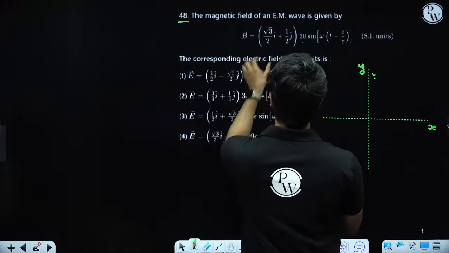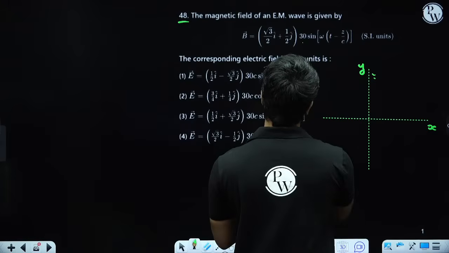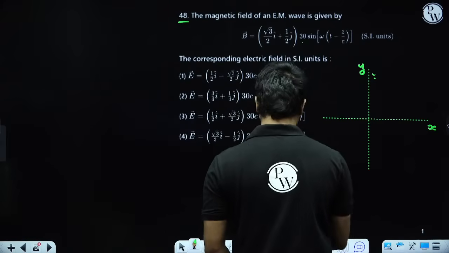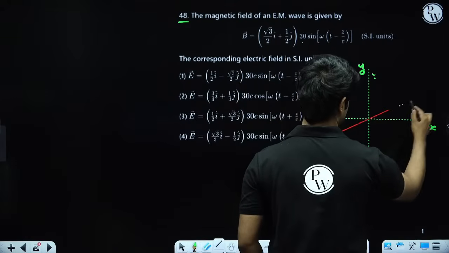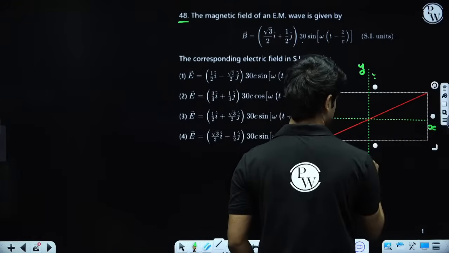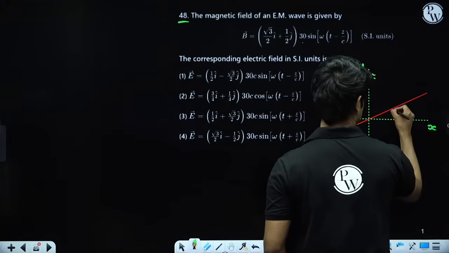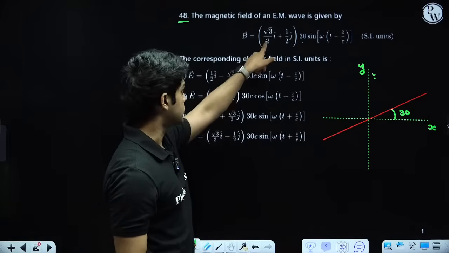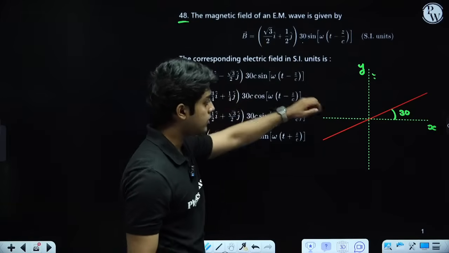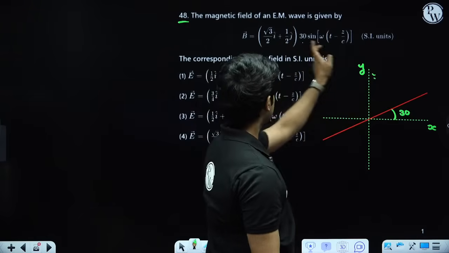So the direction is root 3 by 2 i plus half j, the unit vector along the 30-degree line. So let's draw a 30-degree line to the x-axis. 1 cos 30 is root 3 by 2, 1 sin 30 is half.